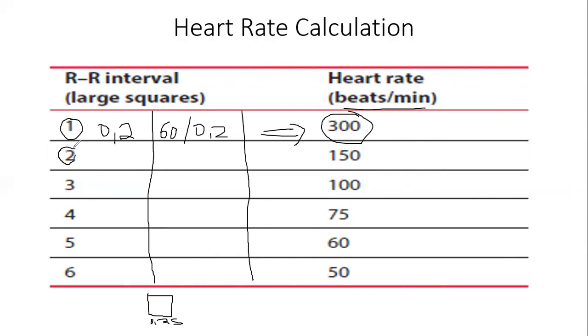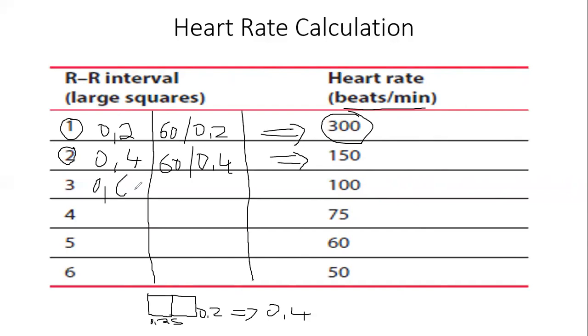If you have 2 big boxes, it means you have 0.2 twice now, which makes it 0.4, because you have two boxes now. So you have 60 over 0.4, and that's going to give you a heart rate. If you have three boxes, you're going to have 0.6. So 60 over 0.6 gives you your next heart rate, and so on.